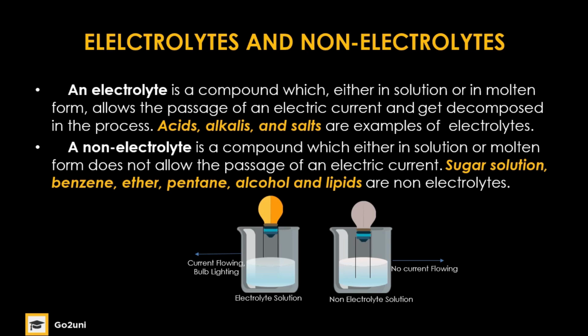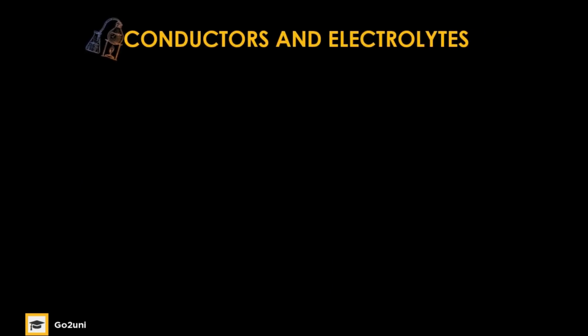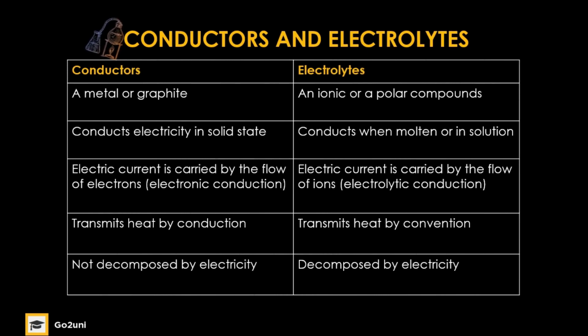So, having seen the definition of electrolytes and non-electrolytes, we shall proceed to looking at the difference between materials that can conduct electricity and those that cannot. When we talk about conduction of electricity, substances that conduct electricity are conductors. Generally speaking, metals can conduct electricity.